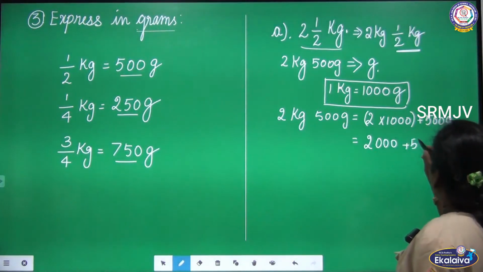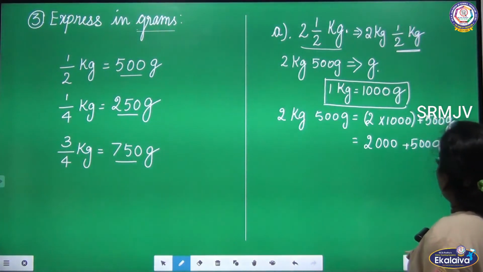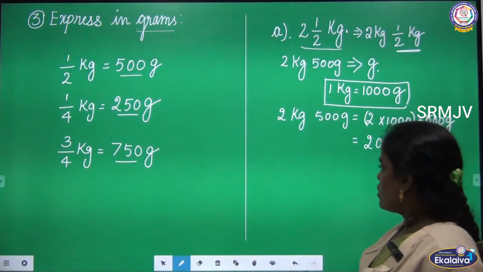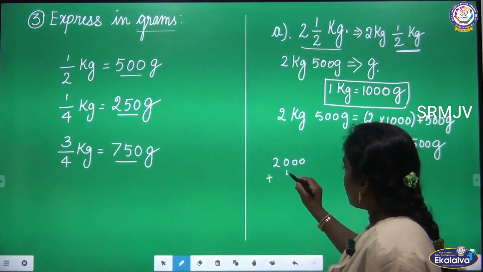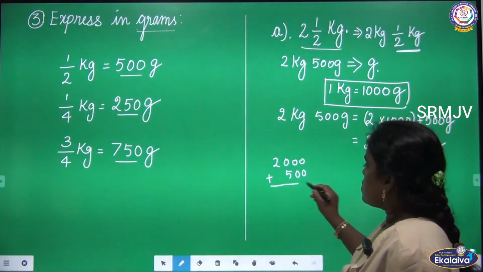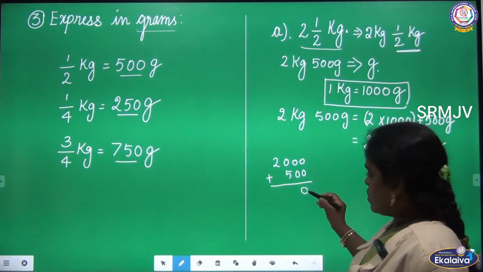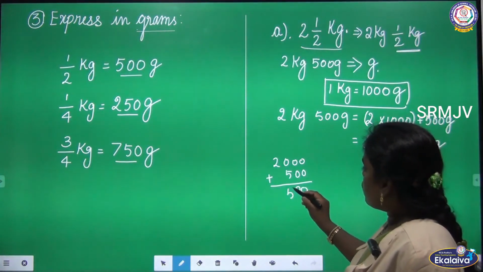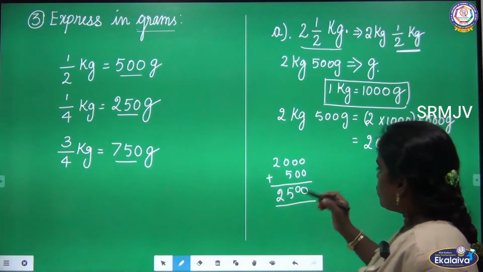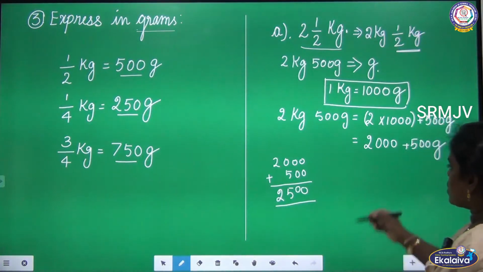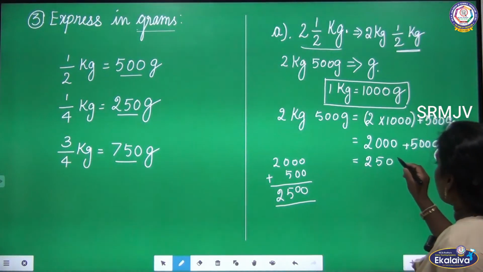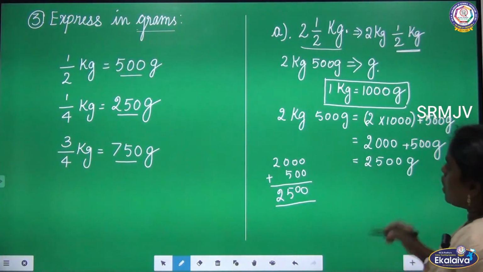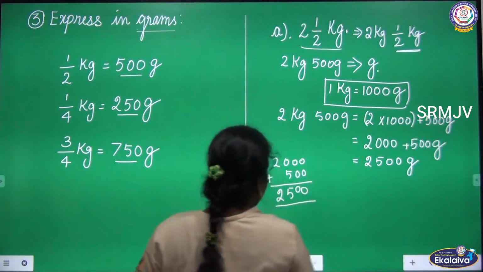Yes, now add the numbers 2000 and 500. 2000 plus 500. 0, 0, 5 and 2. So if you add these numbers, you will get the sum 2500 gram. So now let us write the answer.